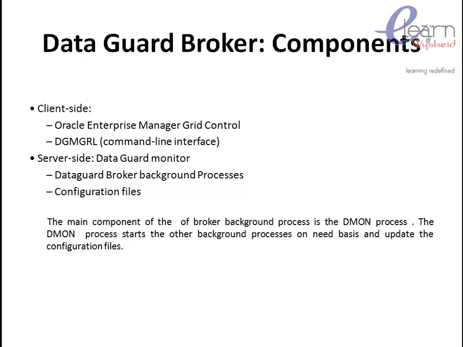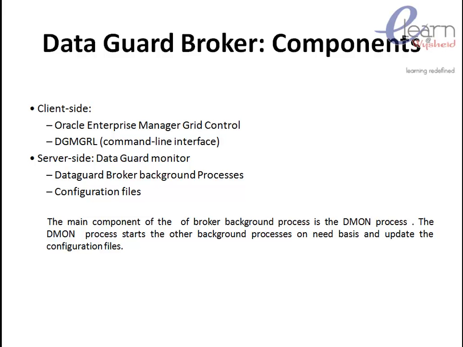And you have a set of background processes, the master process being the Data Guard Monitor, or DMON daemon process. And this process will be updating the configuration files. So in these configuration files, you will have all the Data Guard related parameters entered. Okay. Am I clear here?